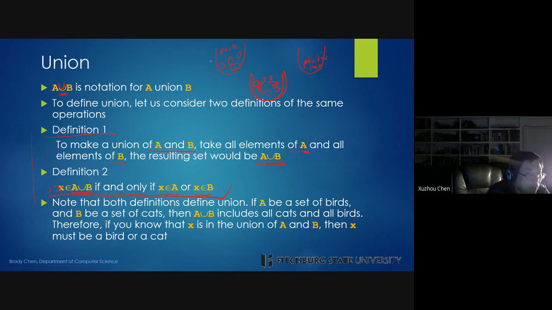For example, when we mix the rocks and the plastic boxes together and I pick any element from this union, then it's either a rock or a plastic box, right? So if I pick X, which is an element of the new set A union B, then X is either an element of A or an element of B, or could be both.